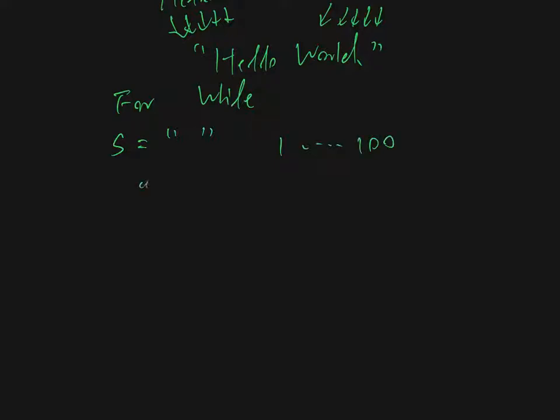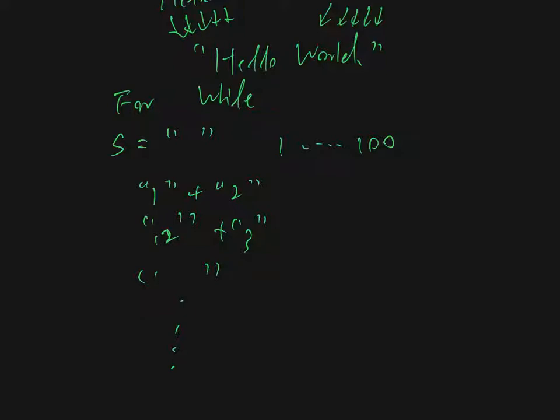So you want 1, and then 1, 2. What you're actually doing is 1 plus 2, and you make another copy, and plus 3, you make another copy, and so on. After 100 iterations, you're actually making 100 new strings.